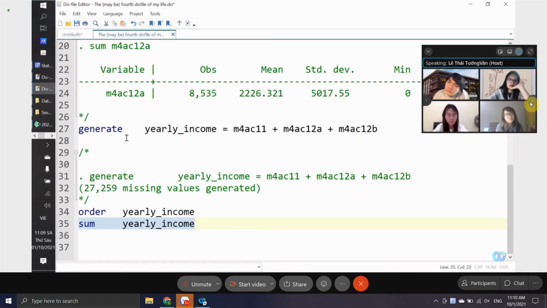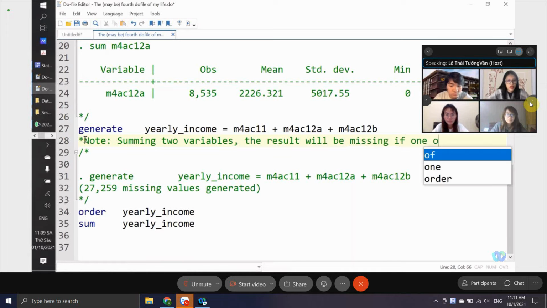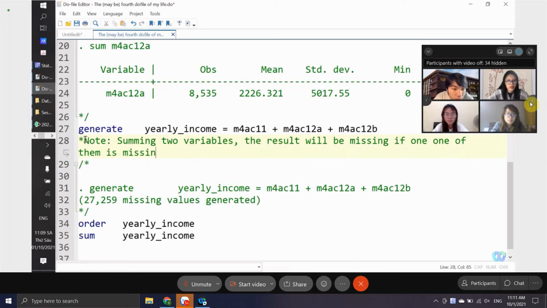Now, note, when summing two variables, the results will be missing if one of them is missing.